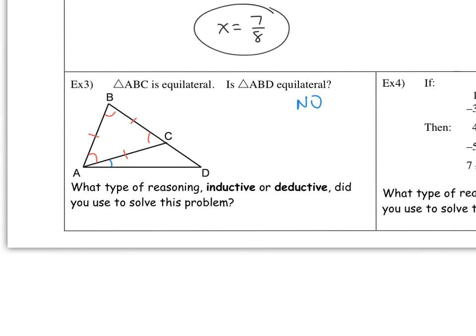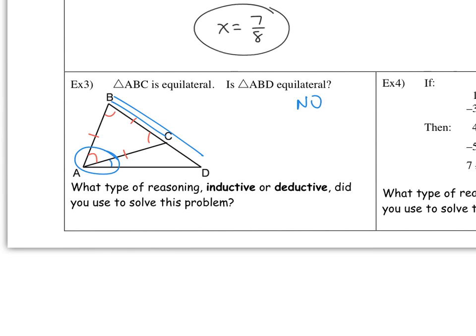Anybody else? Kennedy? I said deductive. Why'd you say deductive? Because you're using facts. We're using facts, like the fact that this length is longer than this length. You could use the idea that the sum of the angles of a triangle is equal to 180, right?